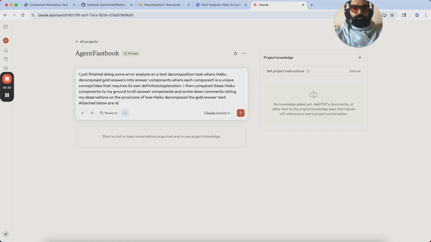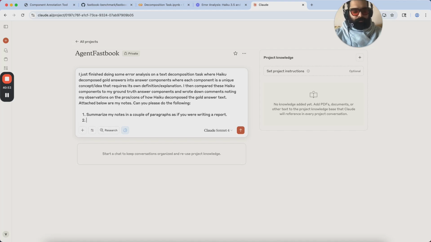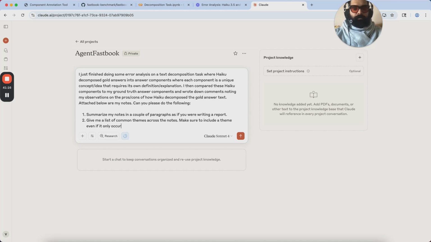Attached below are my notes. Can you please do the following? One, summarize my notes in a couple of paragraphs as if you were writing a report. And then two, give me a list of themes, shared or common themes across the notes. Make sure to include a theme even if it only occurs once.